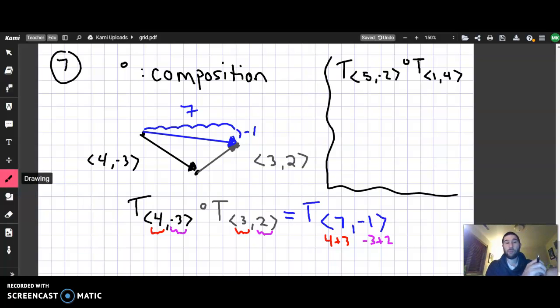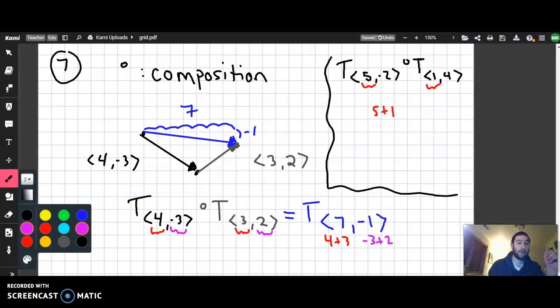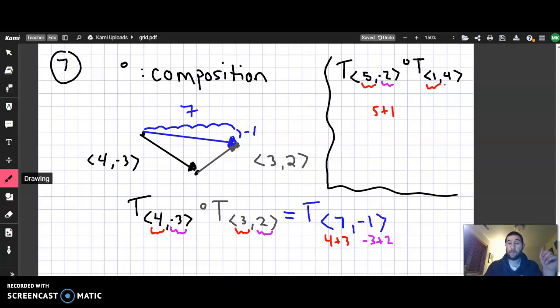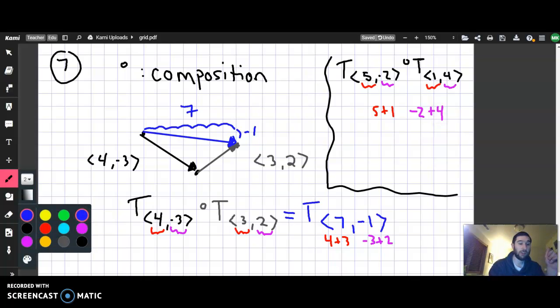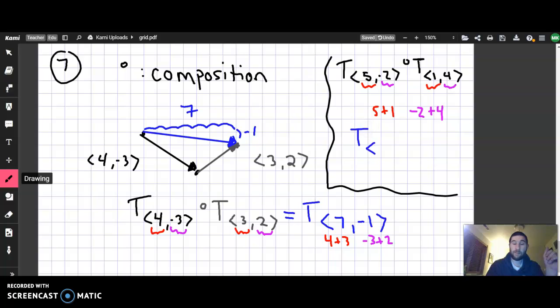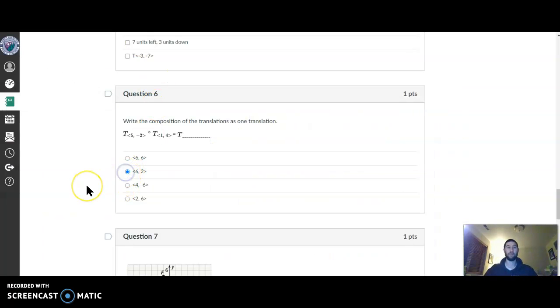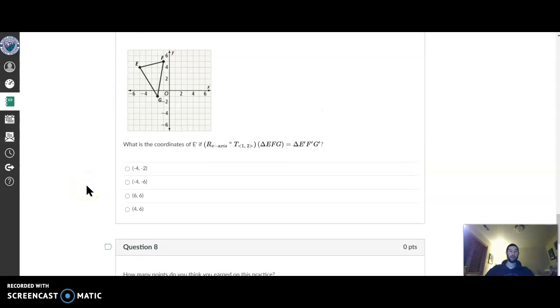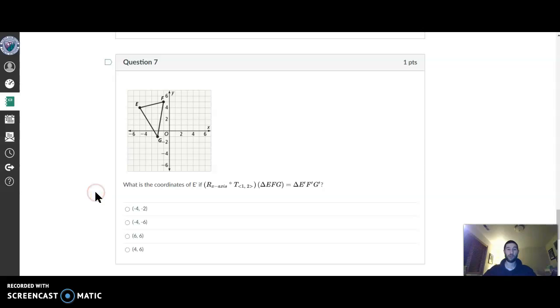Know that I could show this with a graph as well, so please ask during our live session or via email if you want to see that more specifically. 5 plus 1 is going to be our x, and then our y is going to be negative 2 plus 4. And so, ladies and gentlemen, our new translation here is going to be the vector 6, 2. Boom, 6, 2. Ladies and gentlemen, our last question here is question 8.